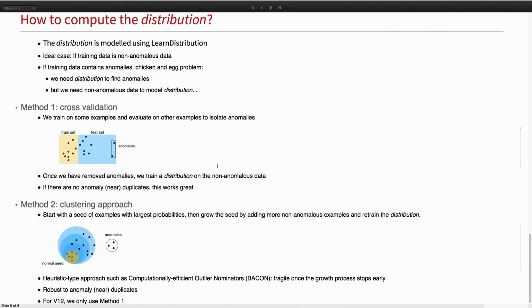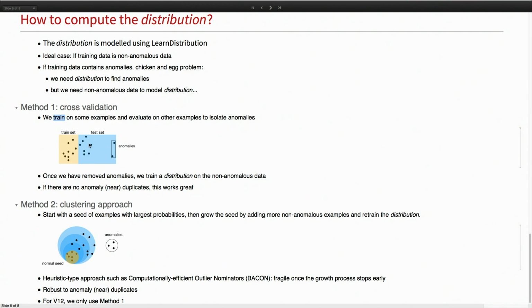There are a few methods to resolve this problem. One is a cross-validation type method, where you split the data into training and testing, train on some examples, test the distribution on other examples, and pick the examples with a small probability as anomalous, and then you do it vice versa.